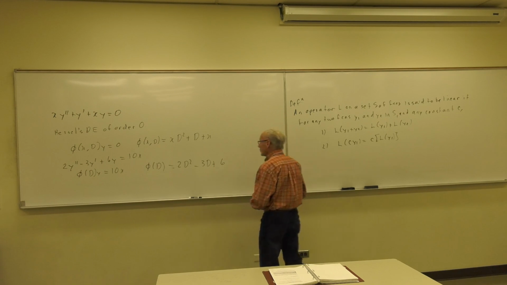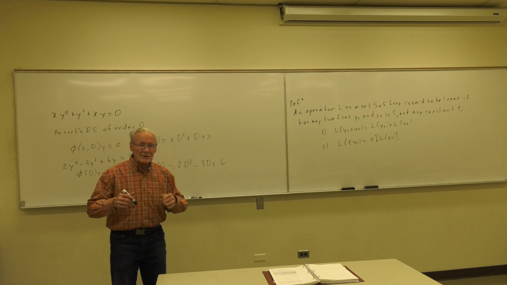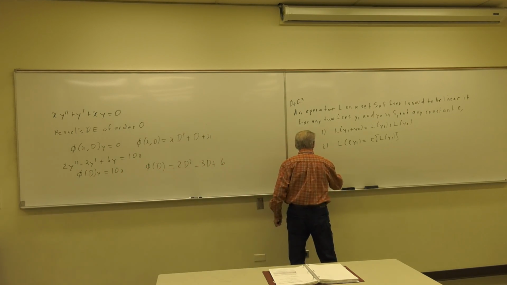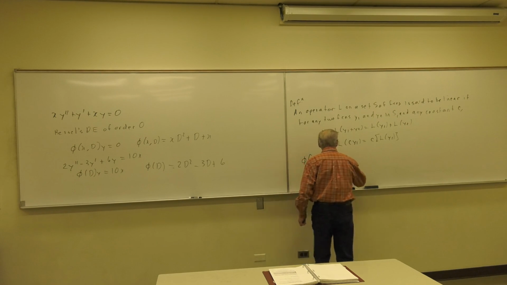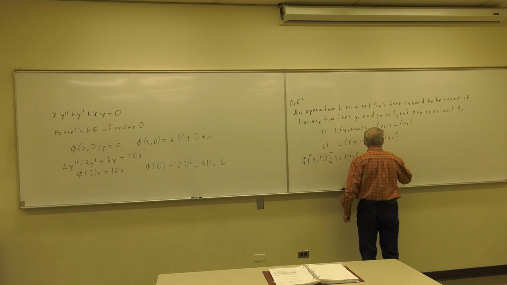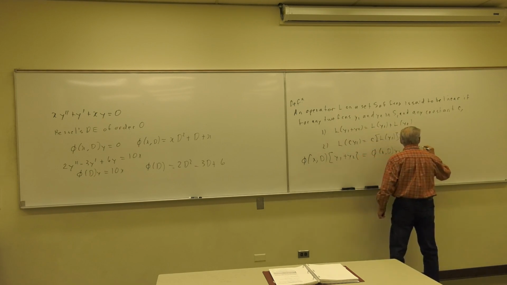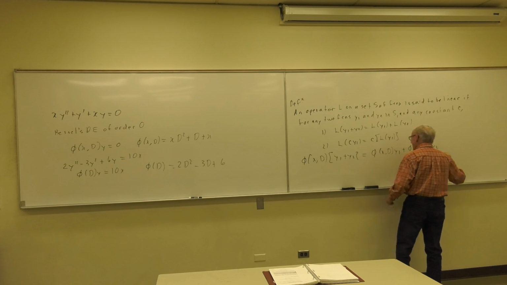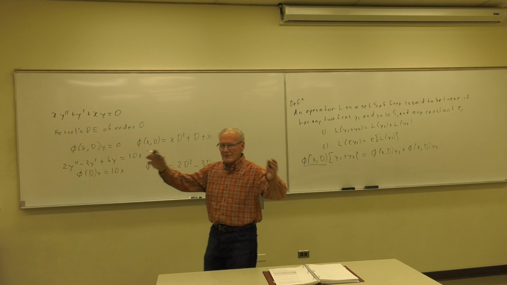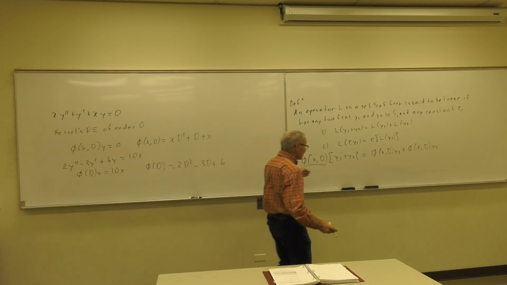Well, I ask you, in our linear differential equation, is phi of x and D operating on y1 plus y2 going to be the same as phi of x and D operating on y1 plus phi of x and D operating on y2? Well, this is simply a differential operator. It's got all kinds of derivatives in there, and differentiation is linear. So this is true.